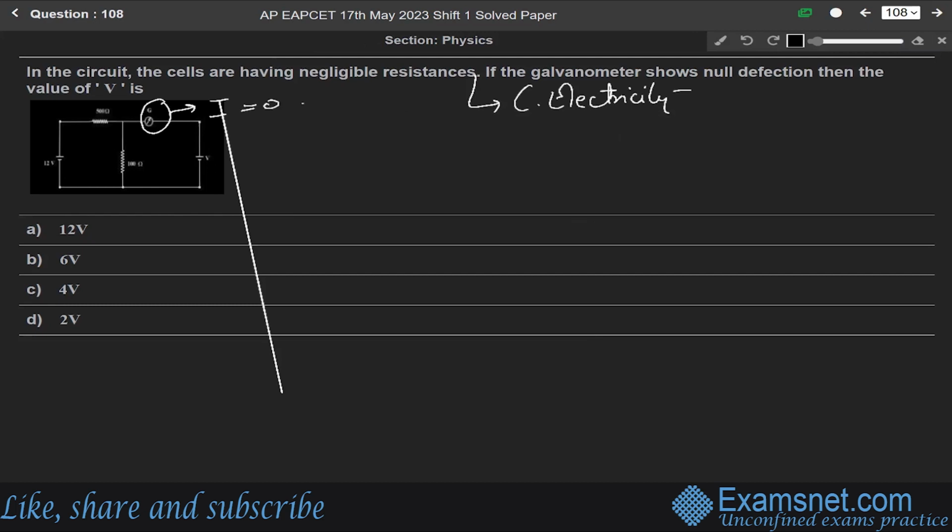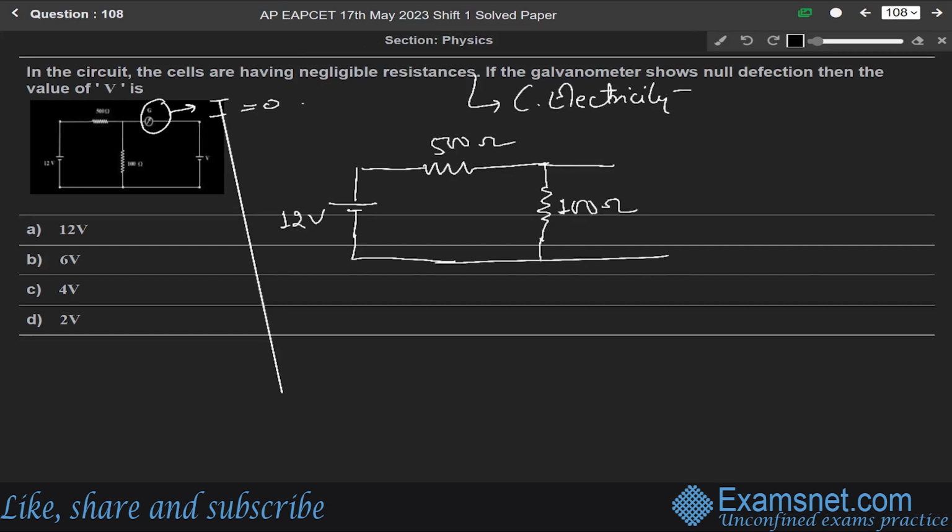Now, this circuit diagram will look like this: this is 500 ohm, this is of 12 volt, and here is a resistance of 100 ohm, and here will be a galvanometer, and this is voltage V.